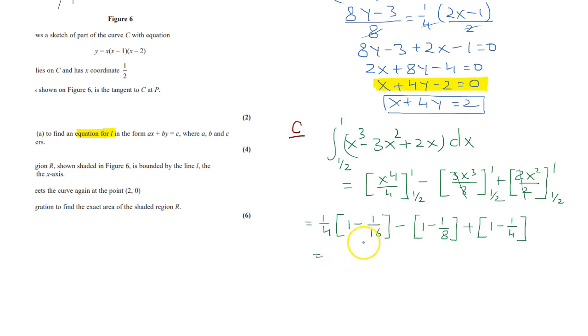So this will be 15 over 16. So that is 15 over 64 minus 7 over 8 plus this is 3 over 4.